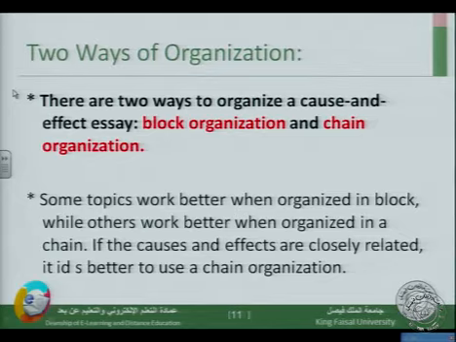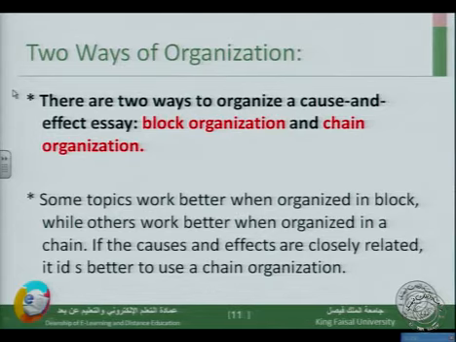The first one is called block organization, and the second is called chain organization. Some topics work better when organized in a block, while others work better when organized in a chain. If the causes and effects are closely related, it would be better to use a chain organization. We will now talk in depth about each kind of organization.